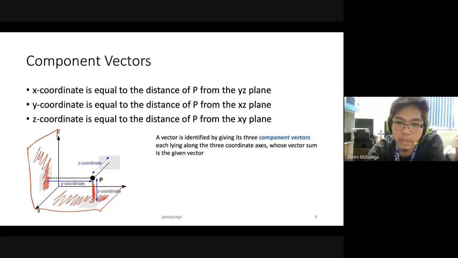So a vector is identified by giving its three component vectors, which are each lying along the three coordinate axes, whose vector sum is the given vector. So for example, this one.